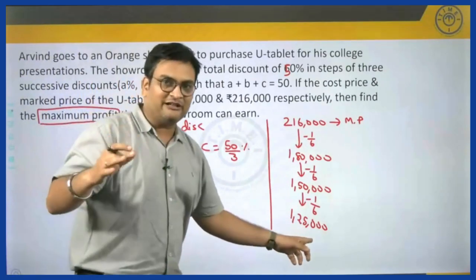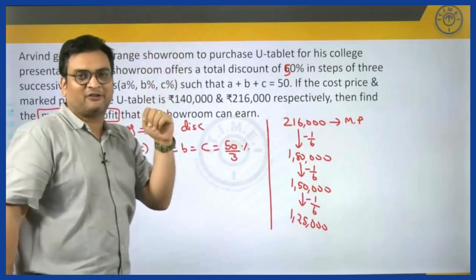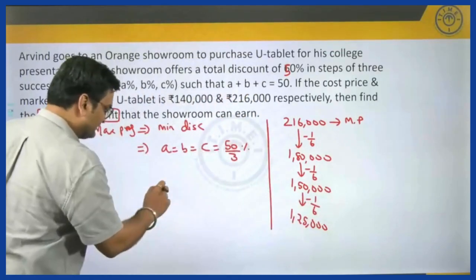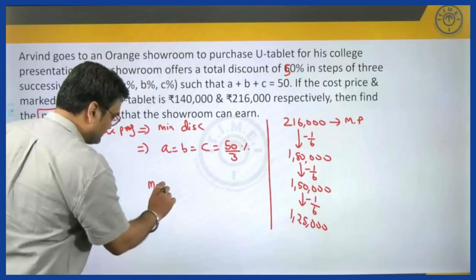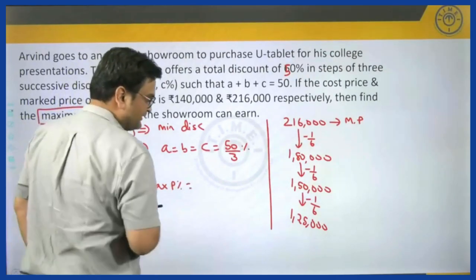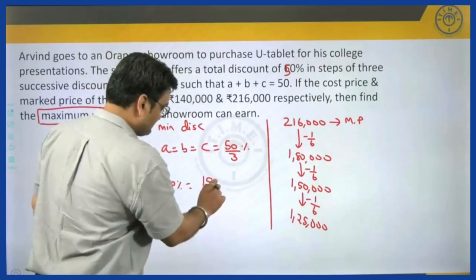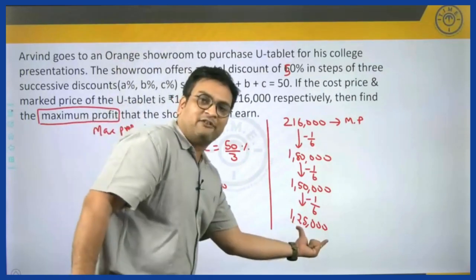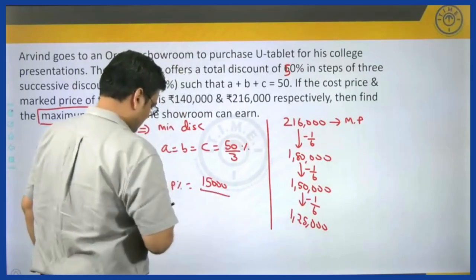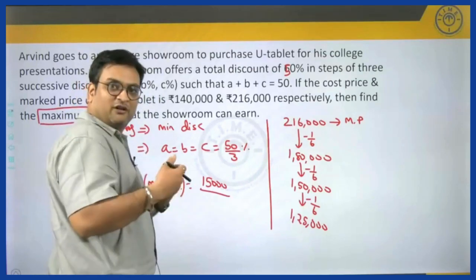So, he is anyways going to get into loss because it is 1,25,000 and the cost price is given to be 1,40,000 here. So, what is the loss percentage here? The minimum loss that he will incur is 15,000. He will sell it for 1,25,000, his cost price is 1,40,000. 15,000 loss, maximum profit or least loss I am saying.